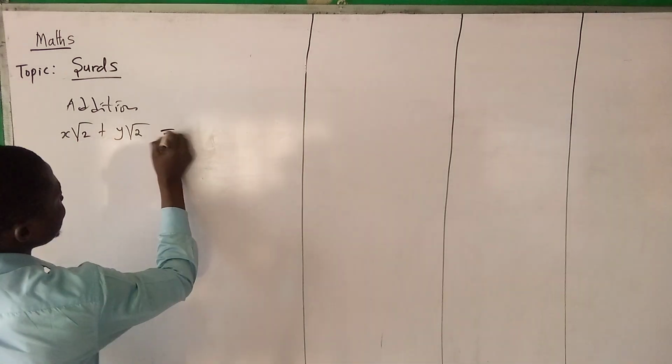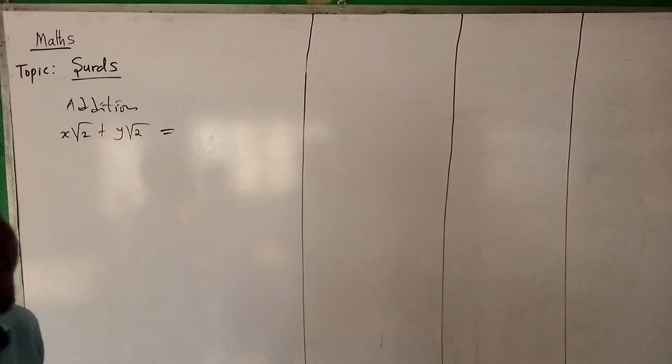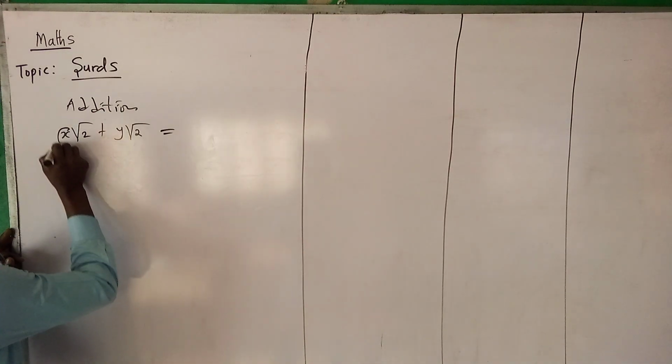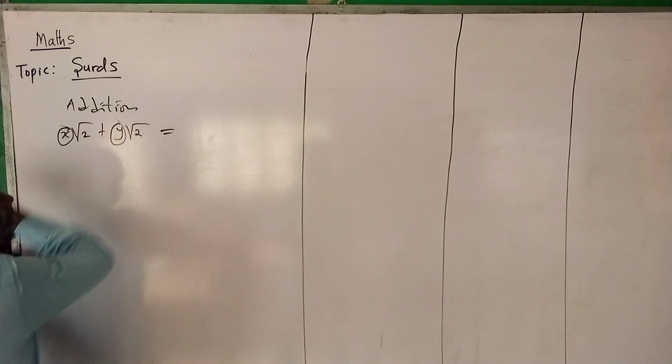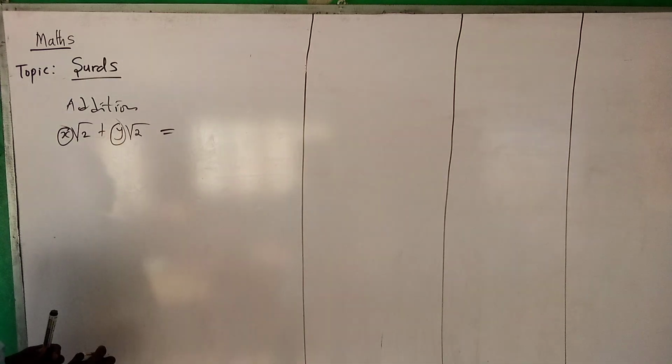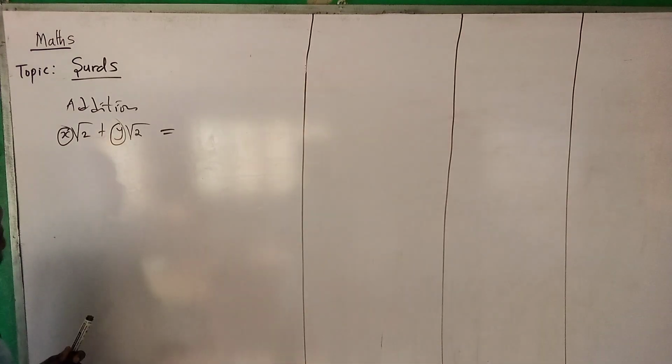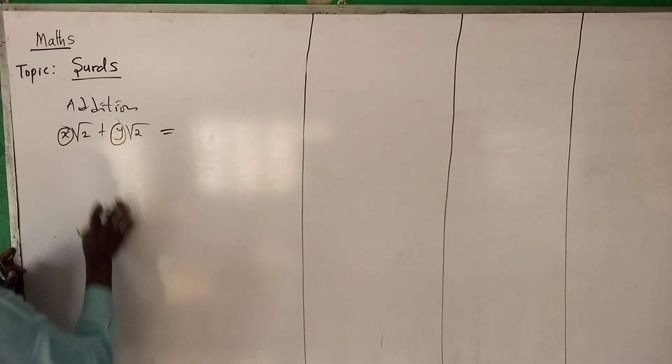And if you are adding surds that have the same basic form, you add the coefficients. This is what we call the coefficient. The number or letter before the surd is called the coefficient. So it is this one that you are going to add.